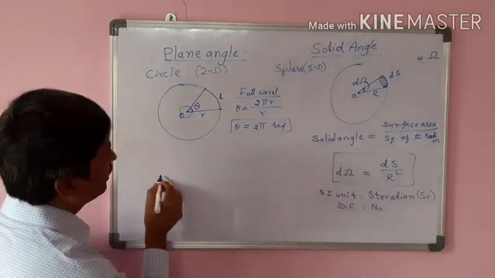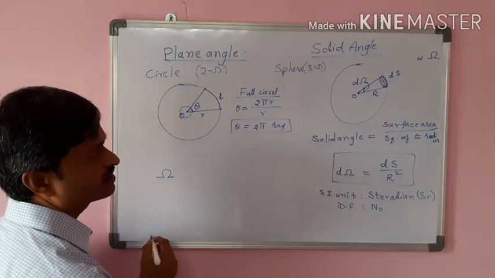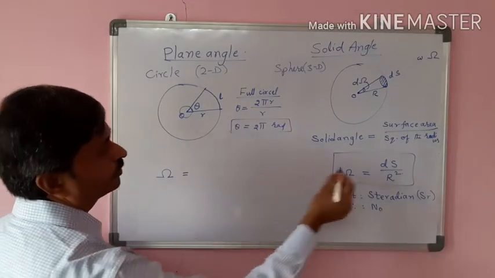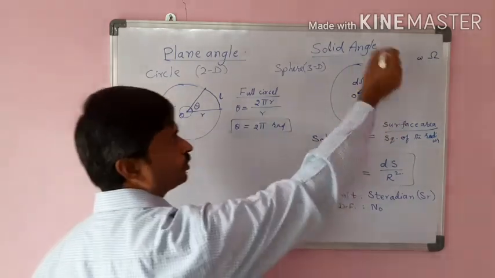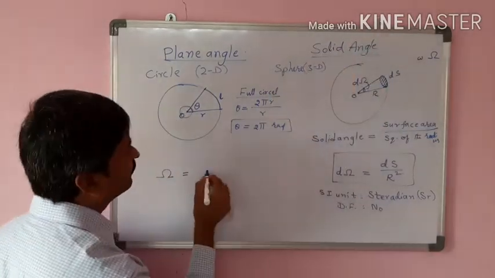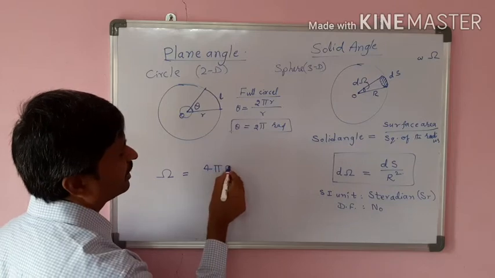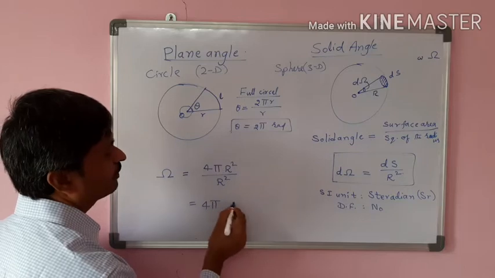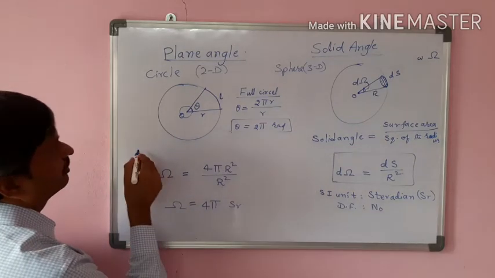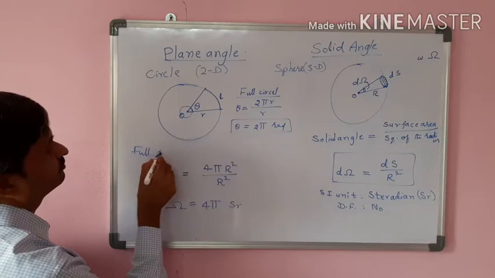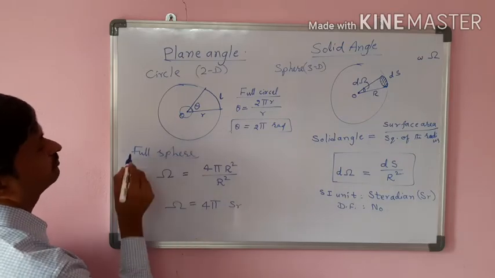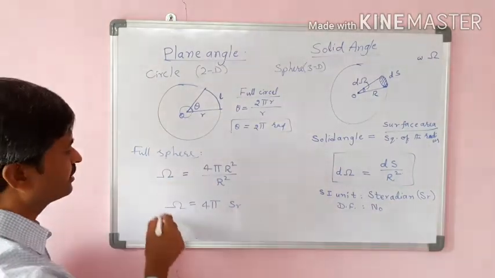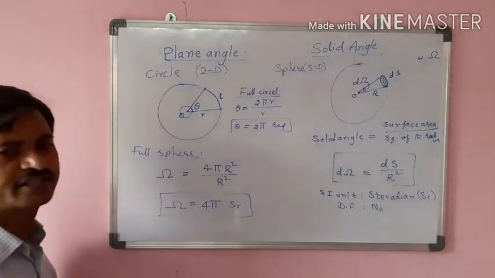So total solid angle omega is equal to total surface area, which is 4 pi r square, divided by r square, that is equal to 4 pi steradian for the full sphere, or complete sphere solid angle we are calculating, right? So this is 4 pi steradian.